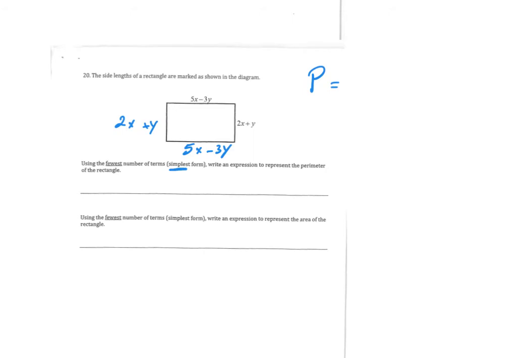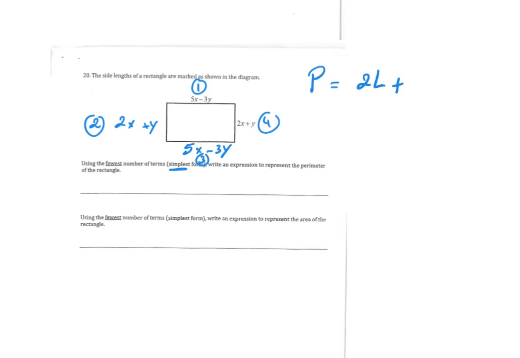So we're just going to add side 1, with side 2, with side 3, and with side 4. As you can see, we get 5x minus 3y and 5x minus 3y. Those are the lengths, right? So it's going to be twice the length, plus 2x plus y and 2x plus y, which is the width.